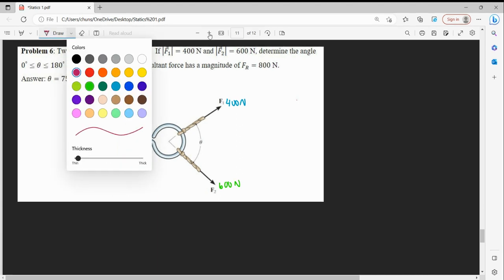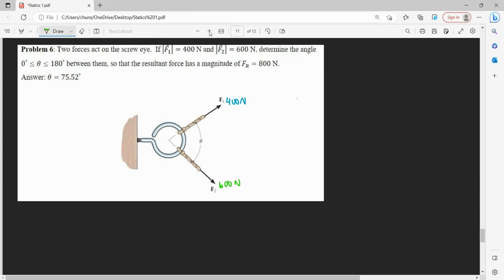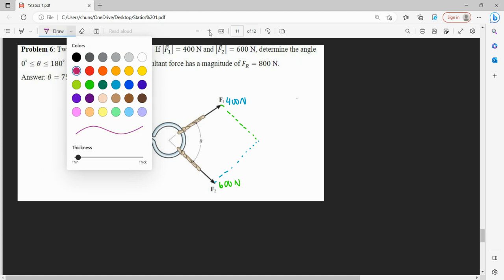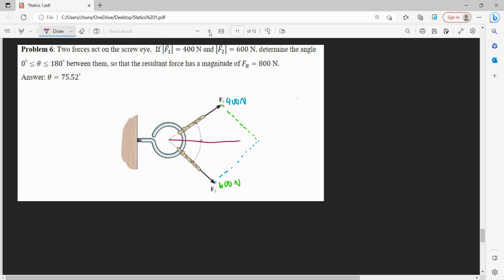So let's draw where the resultant force would come out. Using the parallelogram rule, we use this method to find where it's going. And F resultant is directed this way.